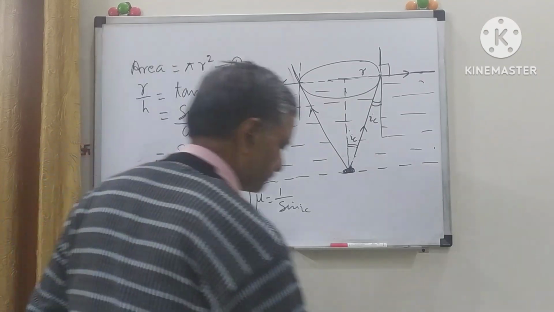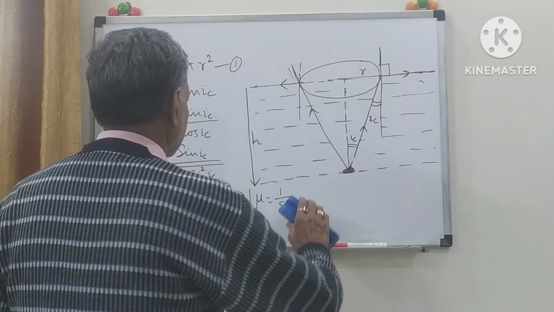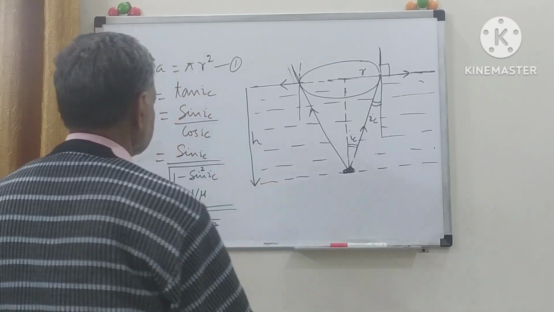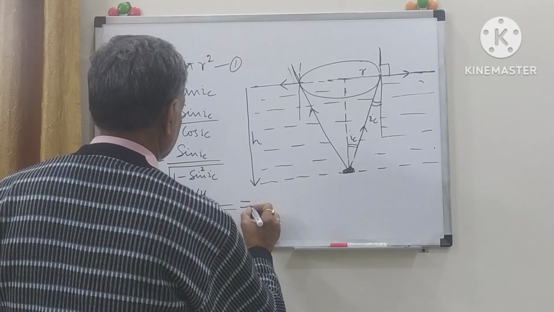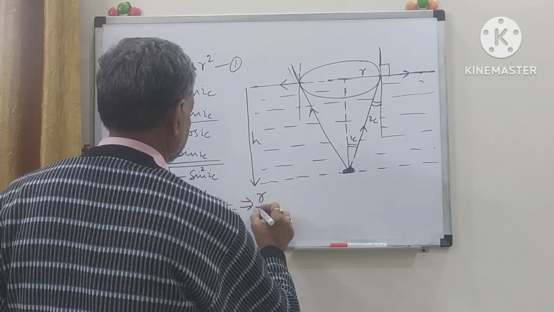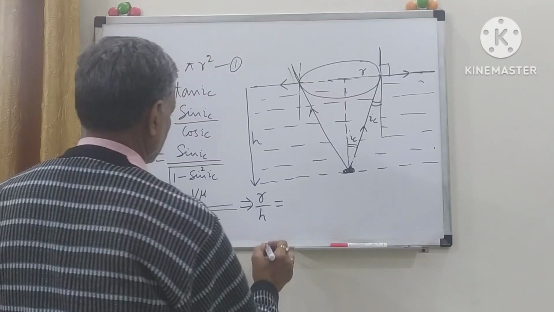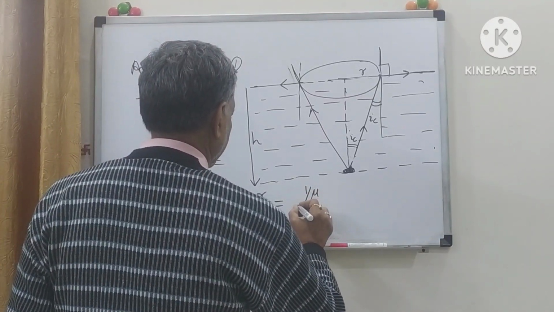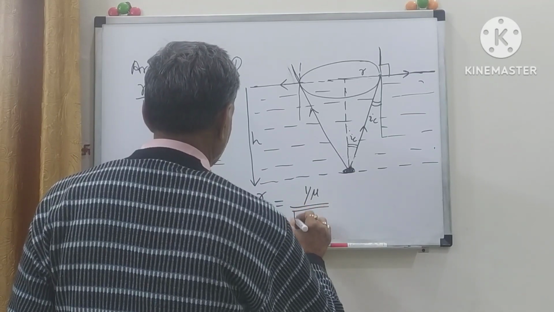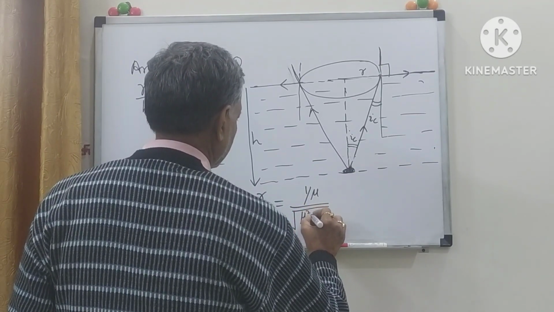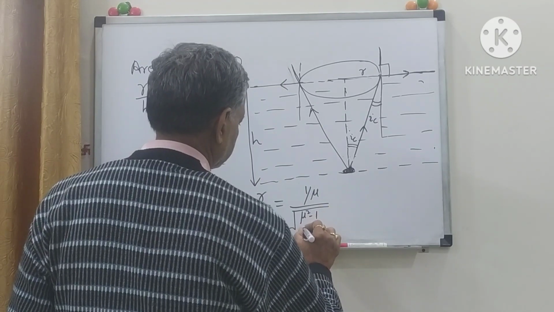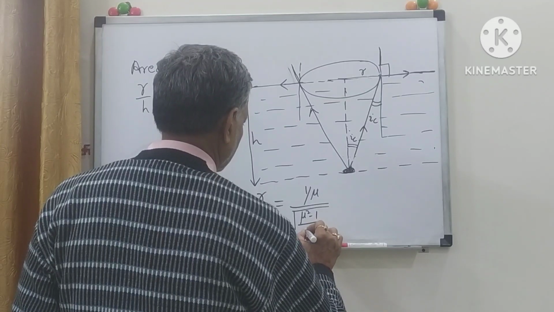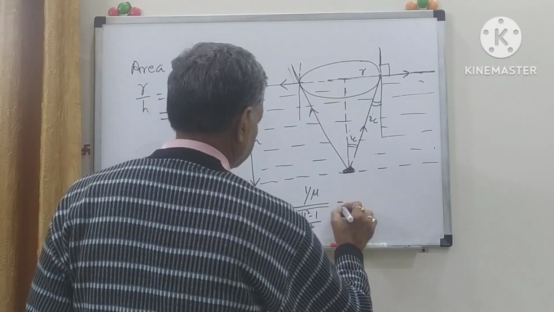अब यहां से आपको क्या मिलेगा, so R by h will be equal to 1 by mu upon under root mu square minus 1 by mu square, that is mu.